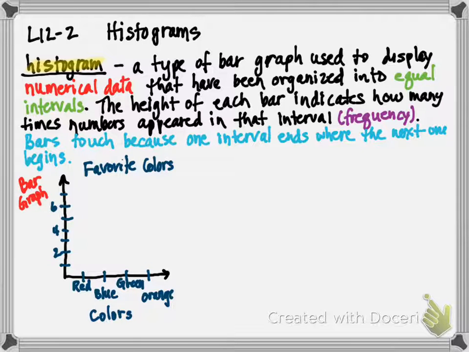And then we'll label this one frequency. Then we draw some bars. Red went up to 3. Blue went up to 5.